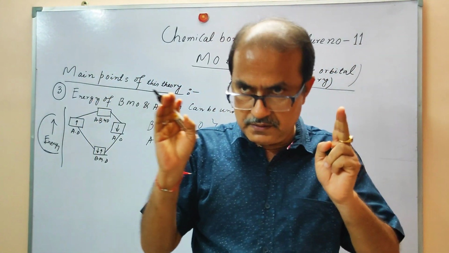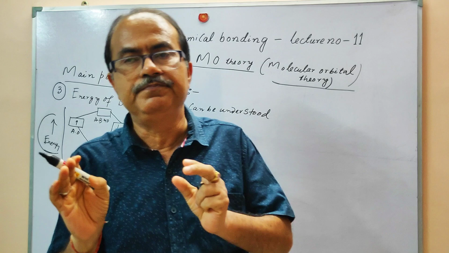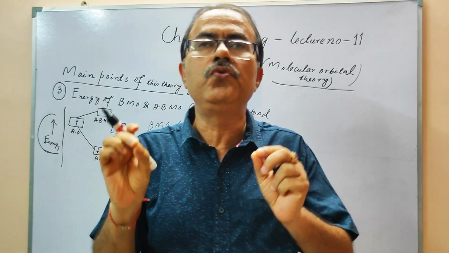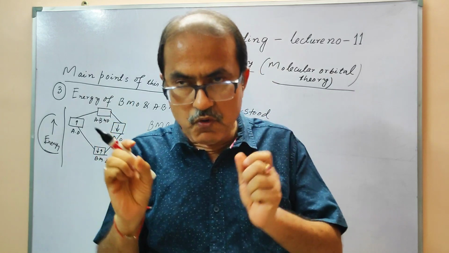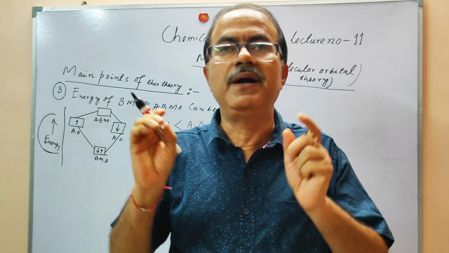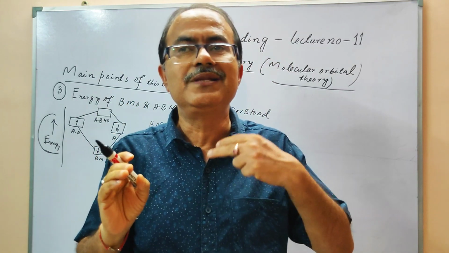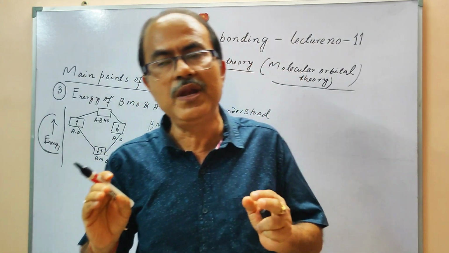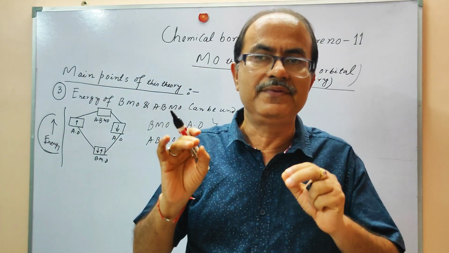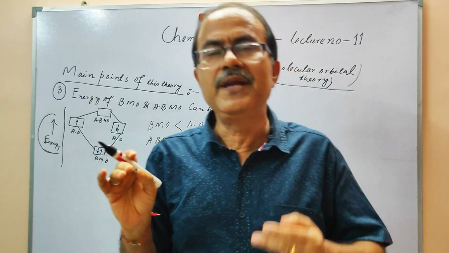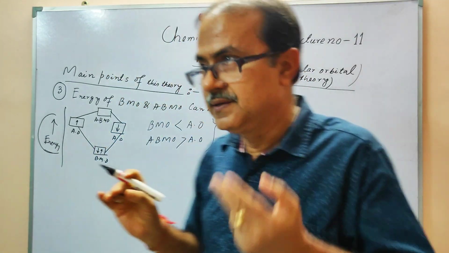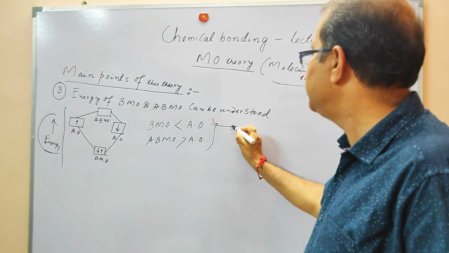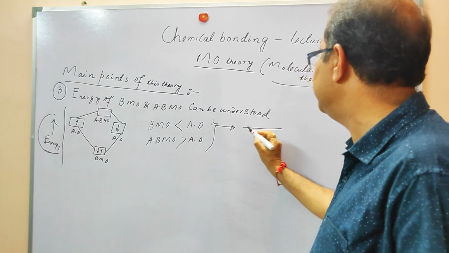So the electrons attract the nuclei and the atoms are bonded to each other by the electrons, and this stabilizes the molecule very well and gives lower energy to the system. At the same time, for the ABMO, you can make a diagram of this.